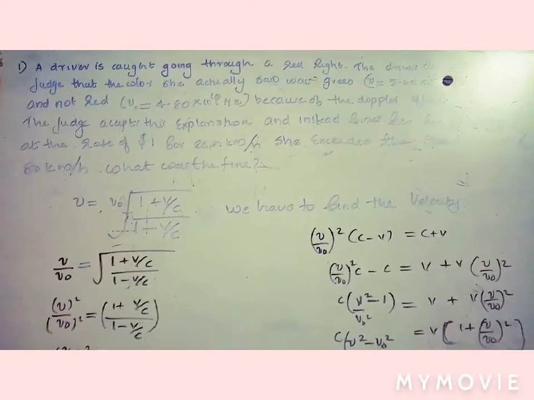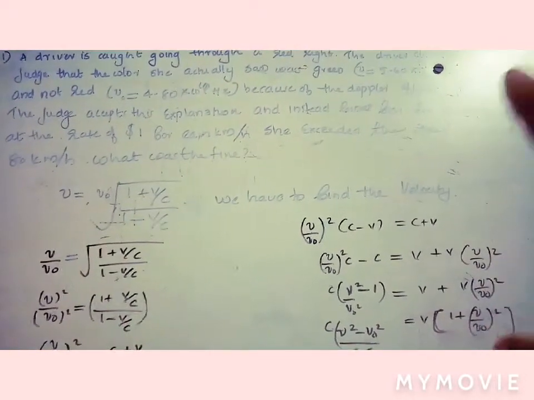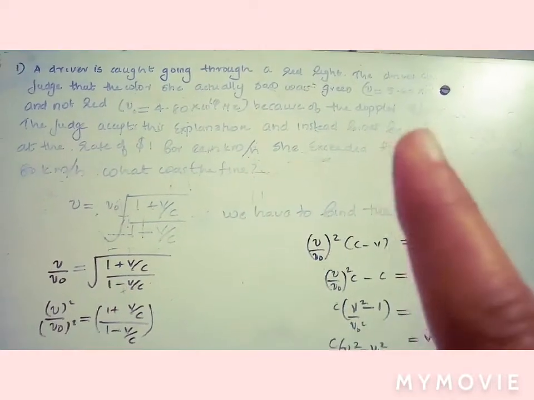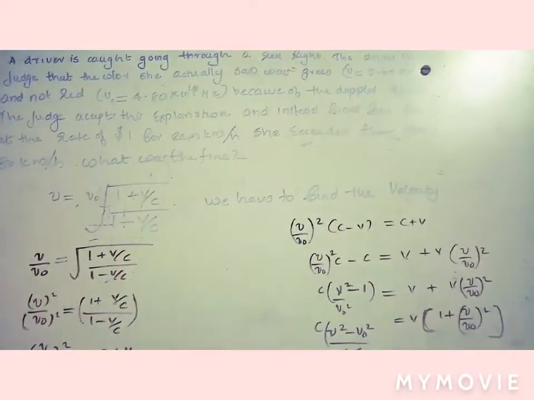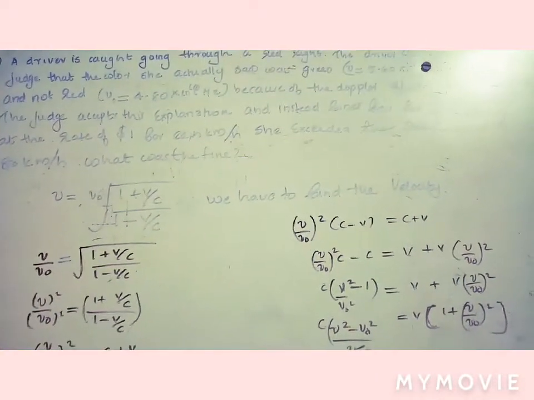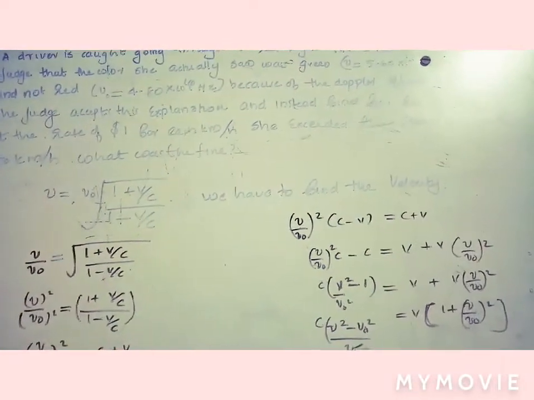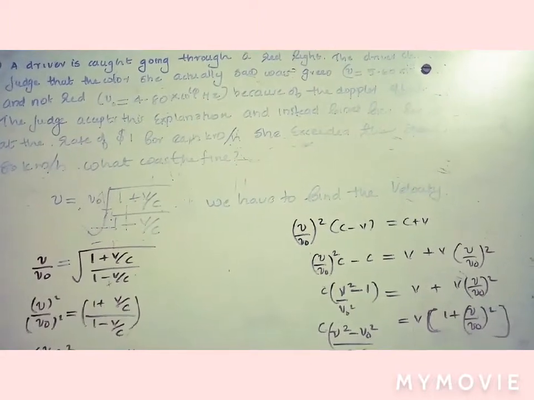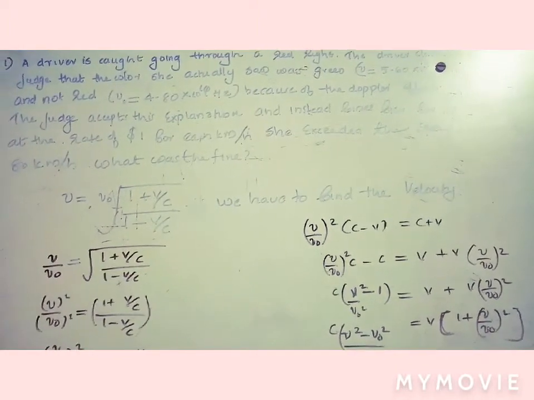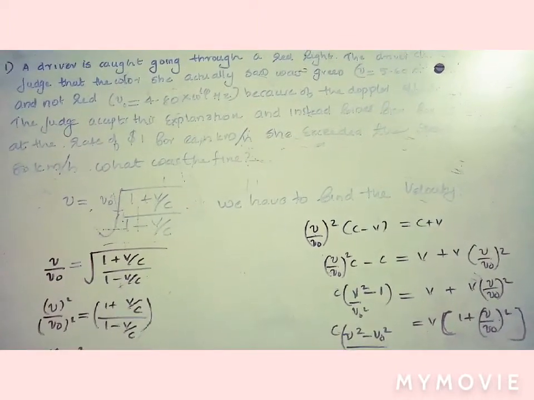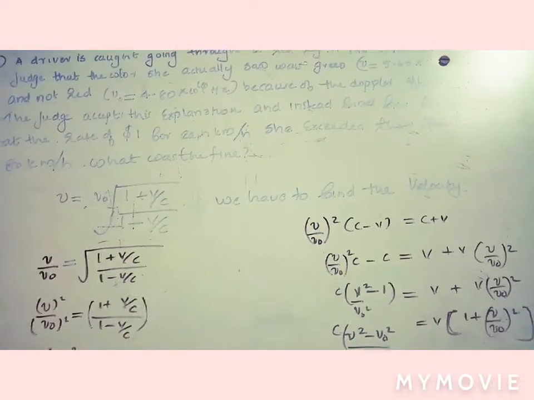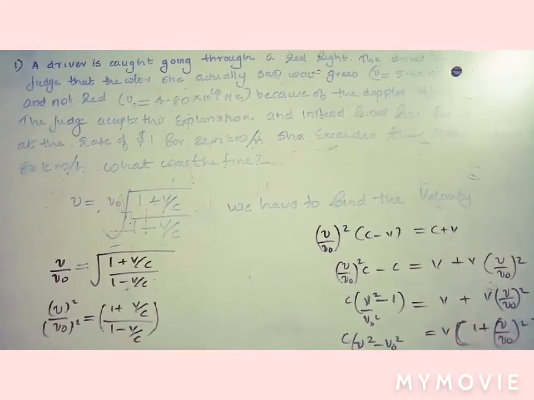Here is one question. A driver is caught going through a red light. The driver claims to the judge that the color she actually saw was green, that is, frequency equal to 5.60 into 10 raised to 14 Hertz and not red, for nu 0 equal to 4.80 into 10 raised to 14 Hertz.